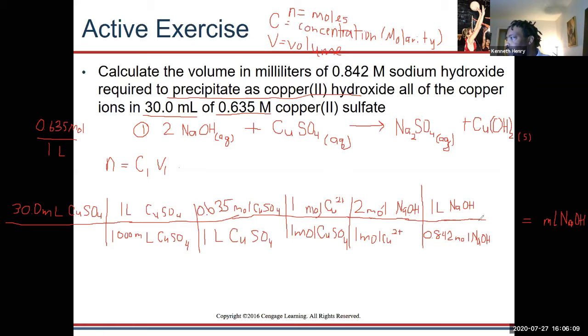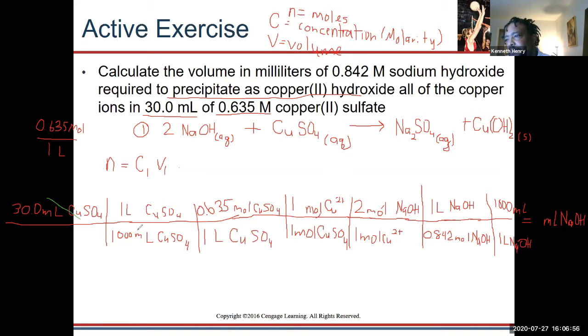Okay, and then how do I change that to milliliters? Liter on the bottom, and 1,000 milliliters on top. Okay, so let's do some crossing out, since these problems are getting super long.